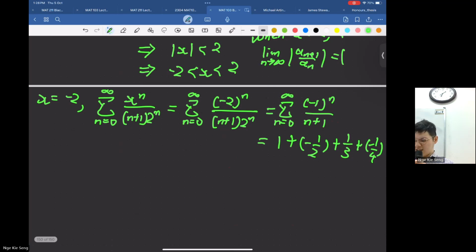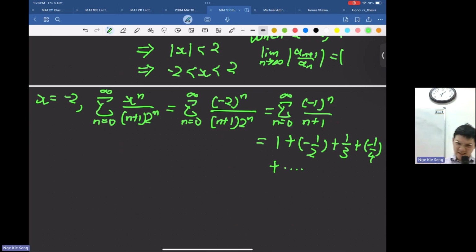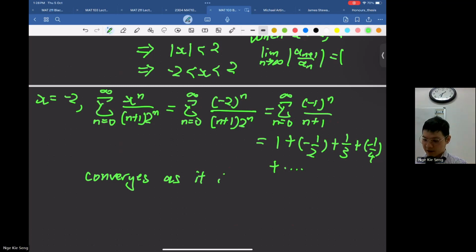What is this? An alternating harmonic series. So this series converges, as it is an alternating harmonic series.